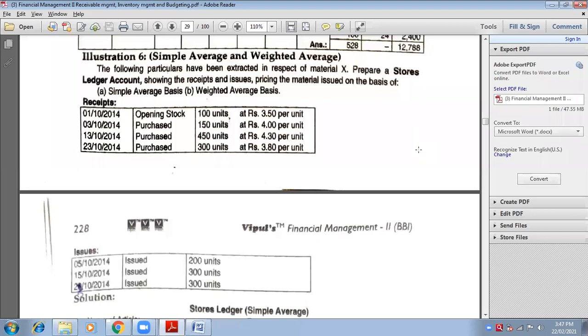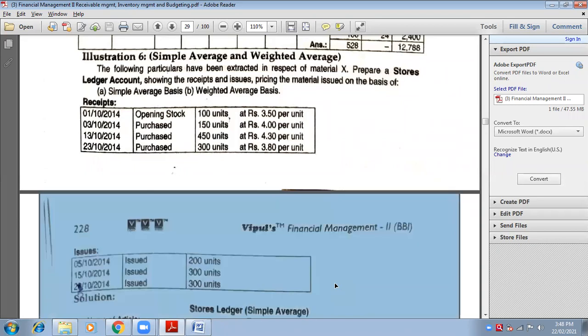Now next, 13th October, after 3rd, directly 13th. Again I have purchased. No, it's not 13th date. Can you see? 3rd, 13th, 23rd. Next we have 5th October, 15th October, and I think it is 23rd.